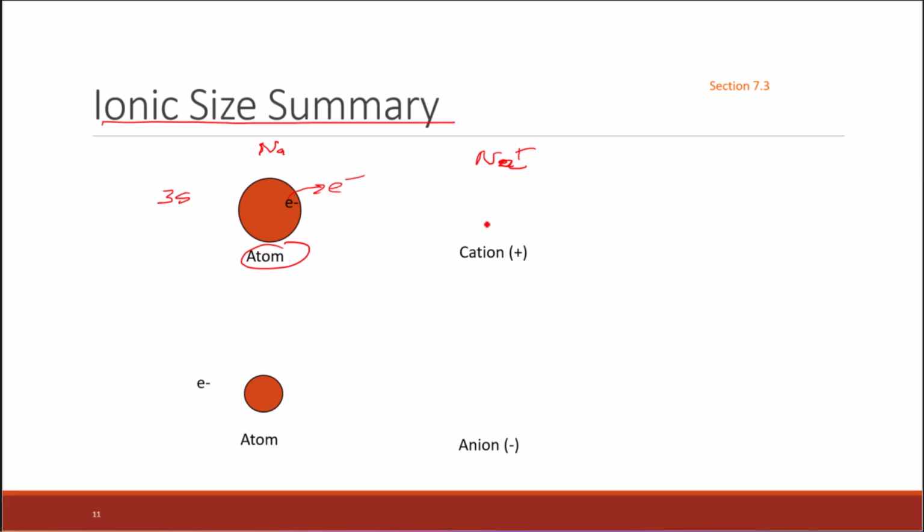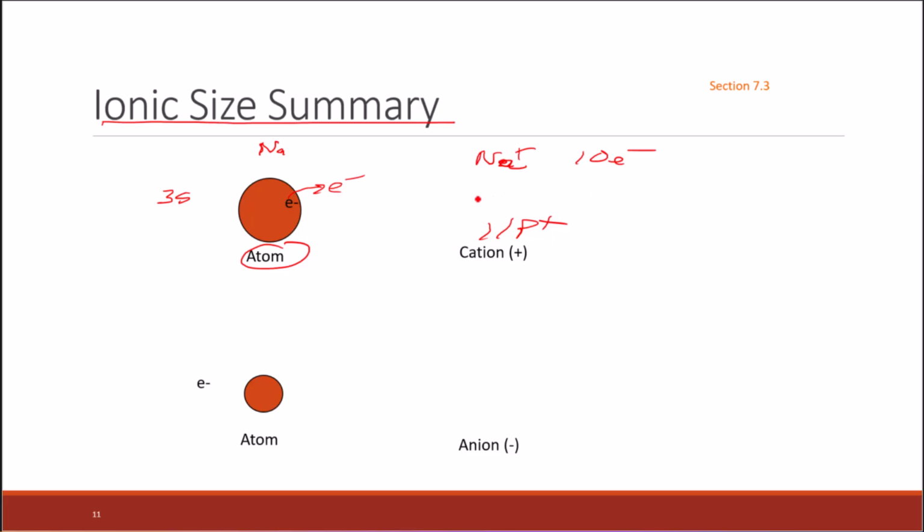It still has those 11 protons that are in the nucleus, but now it only has 10 electrons. So each electron is getting more of the nuclear charge because now it doesn't have to share with 11 electrons. It only has to share with 10 electrons.